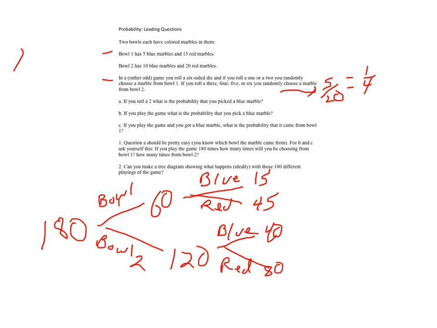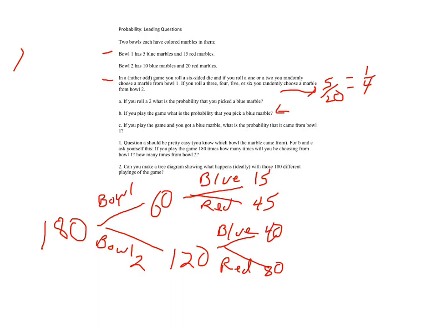And if we'd started with some other number here, playing 100 times or 200 times, we might possibly get non-whole numbers here. We might get fractions or decimals, but as long as we left them there, we'd still end up with the right answers at the end. Okay, so now we're ready to answer question B. If you play the game, what's the probability that you picked a blue marble?